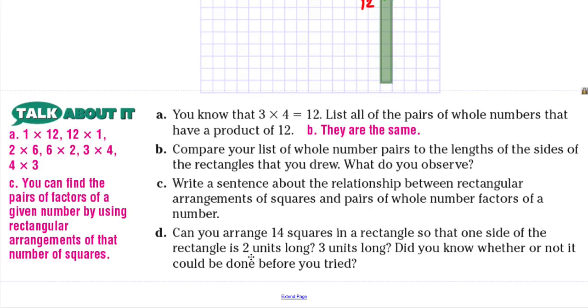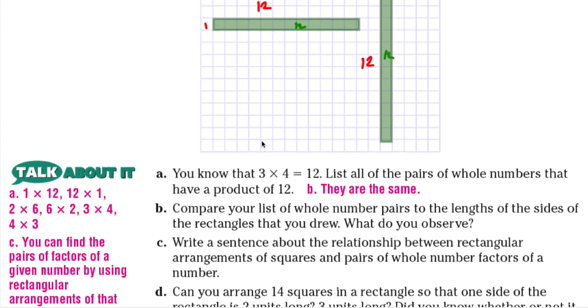The answer to the first question would obviously be yes, because you can get a 2 by 7 rectangle. If I create a 2 by 7 rectangle, 2 by 1, 2, 3, 4, 5, 6, 7.